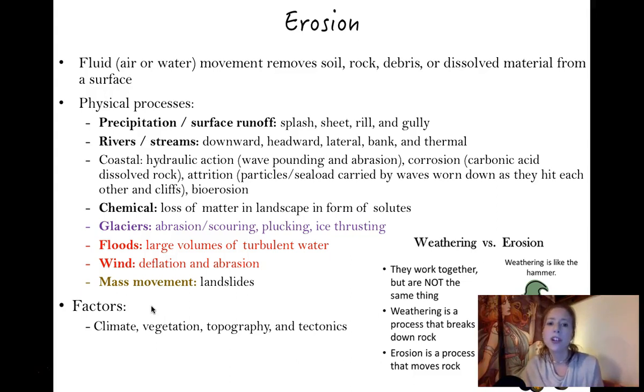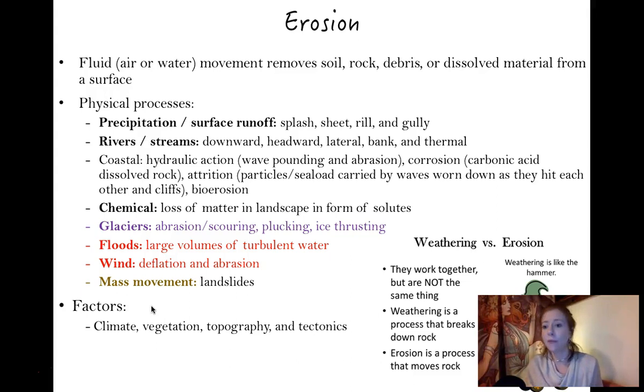Glaciers, you get abrasion, scouring, plucking, ice thrusting, and we'll go through a little bit some examples with this. Floods, you get large volumes of turbulent water. Wind erosion, you get abrasion and deflation. And mass movements, so landslides are another way you get erosion.